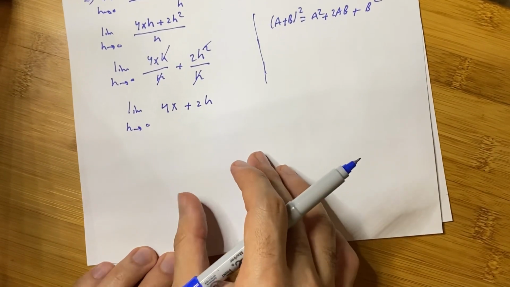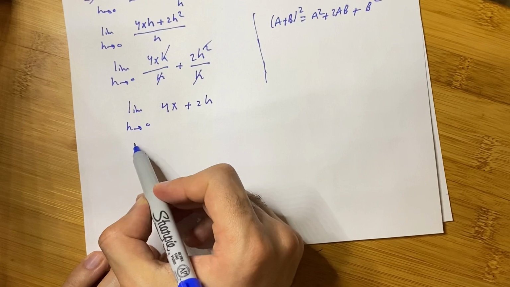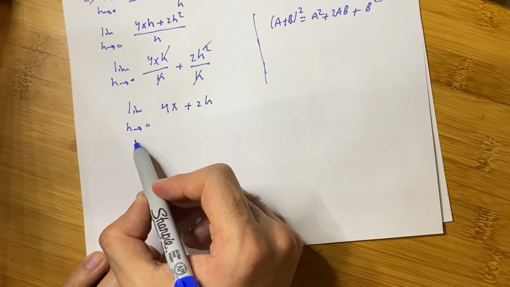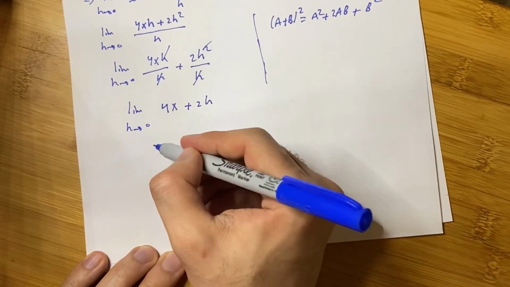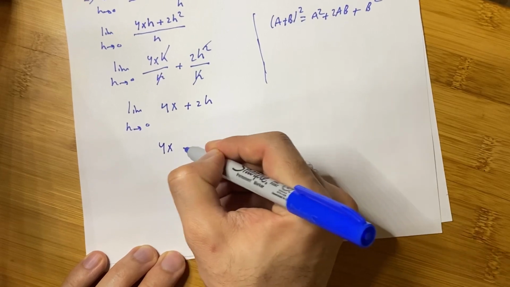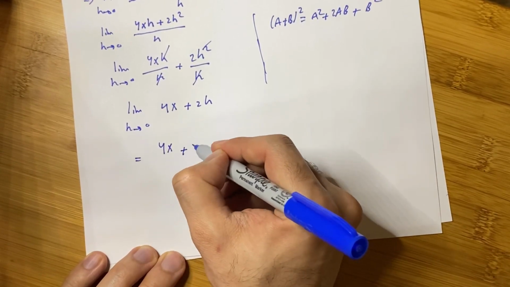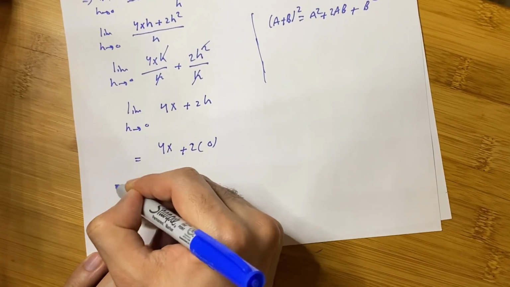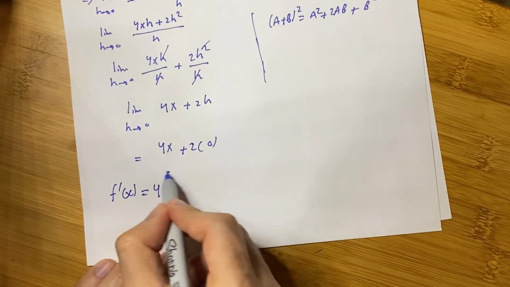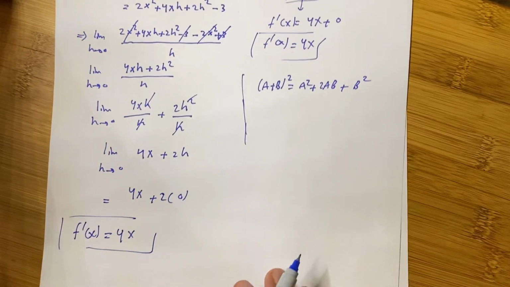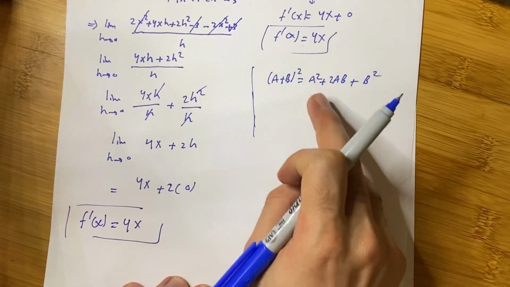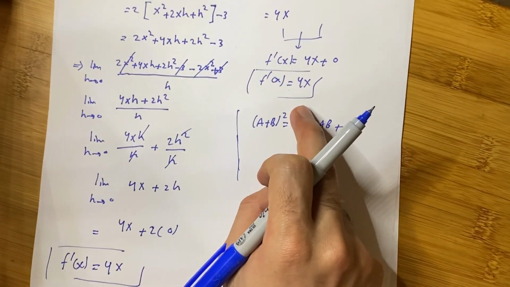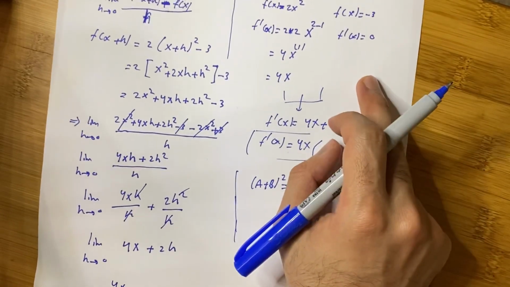And then what we can do is just plug the limit in here. h goes to 0. That will be 4x plus 2 multiplied by 0, and that will lead us to 4x, and that is this derivative, which is the same as using the power rule and the derivative of a constant.